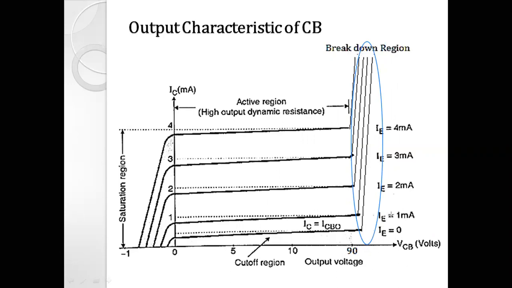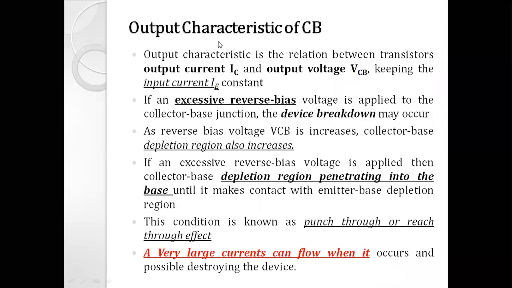What is this breakdown region? Let us discuss this in the next slide, which gives us the key point about the output characteristic, right? The output characteristic, as I said, is the relation between the transistor output current IC and the output voltage VCB while keeping the input current constant.